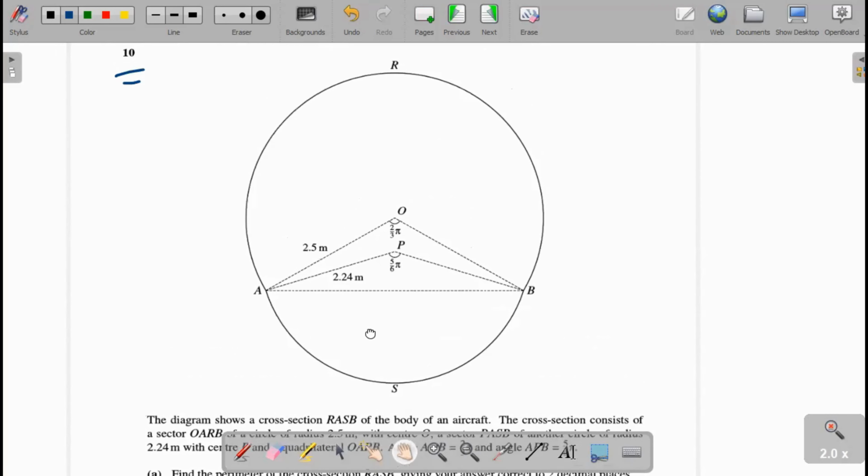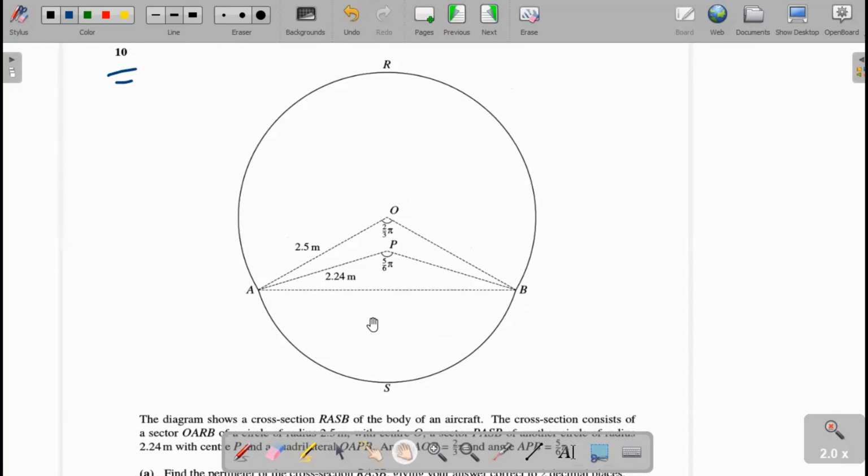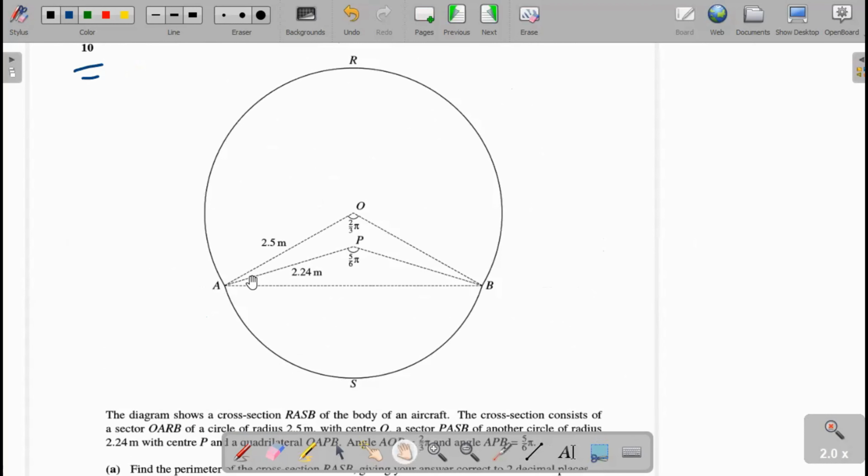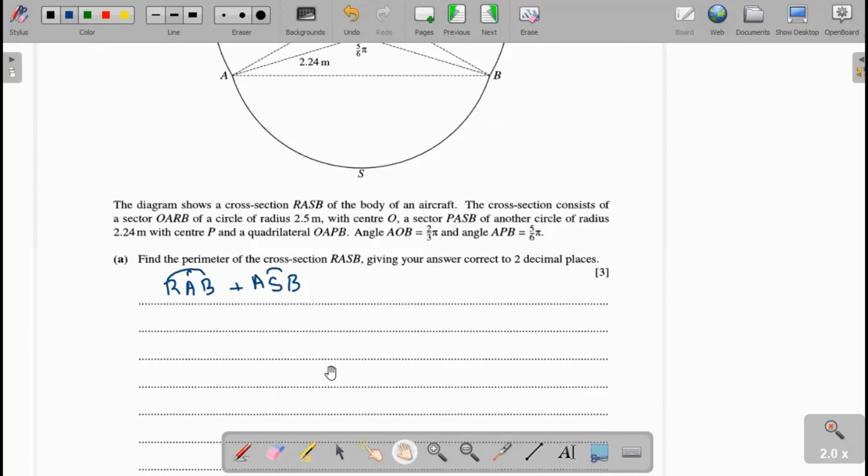Firstly, we see here there are two sectors of circles. One is ARB, the other is ASP. Now we add these arc lengths, first the arc length of ARB, second the arc length of ASP.